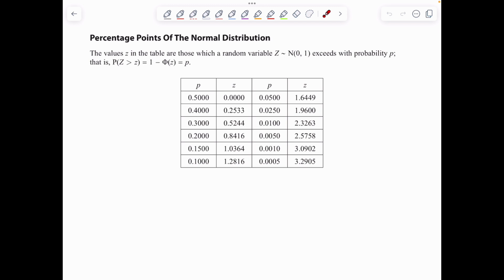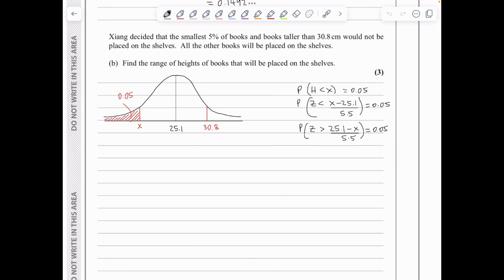And going to the table of values for 0.05, the corresponding z value is 1.6449, which means we have 25.1 minus x over 5.5 is equal to 1.6449. I will cross multiply to get 25.1 minus x is equal to 9.04695, which means that x turns out to be 16.05305.